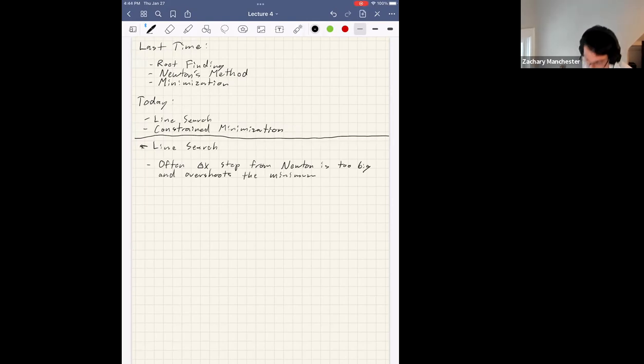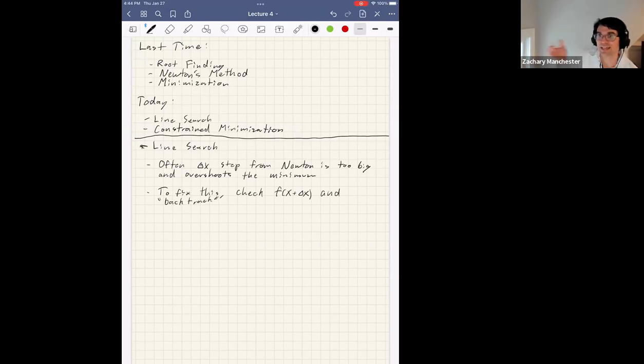Again, it's a simple modification to Newton, a little bit of a hack to fix this. What we do is basically check our function evaluated at the new point, and then backtrack. What I mean exactly by that we'll do in a sec.